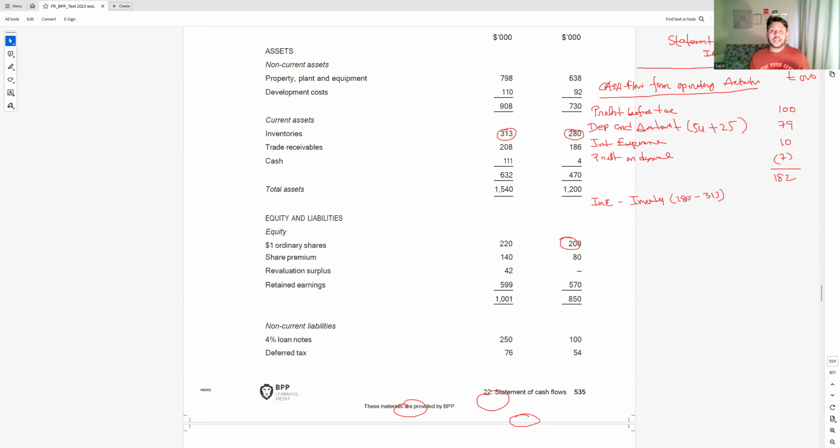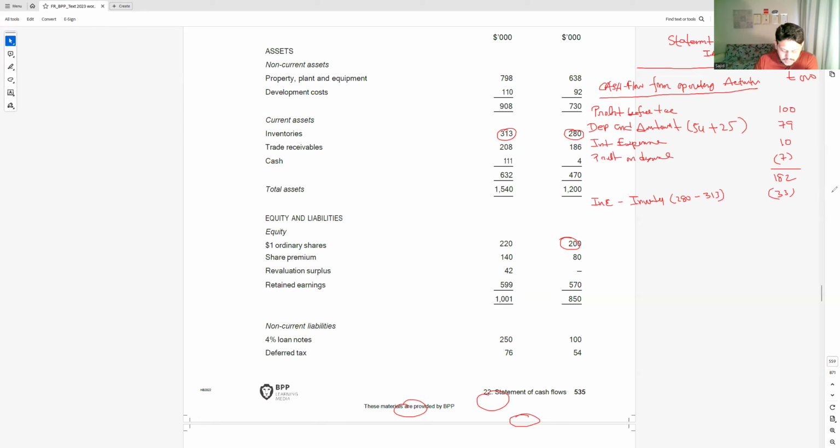Because it's an outflow. The only reason inventory increases is because I bought more inventory, and that's why the stock increased. And if it is increased, it is a cash outflow because I paid for that. Otherwise, the stock will never increase. So 313 minus 280, 33 outflow.